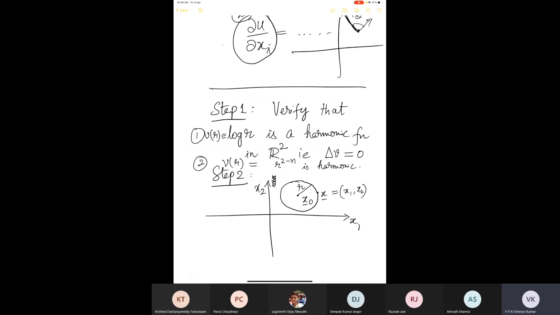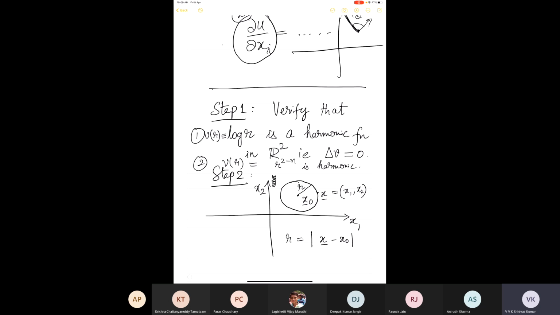That is, r is the modulus of x minus x naught. So what we are saying is, if you take a function of r, this will be a harmonic function.